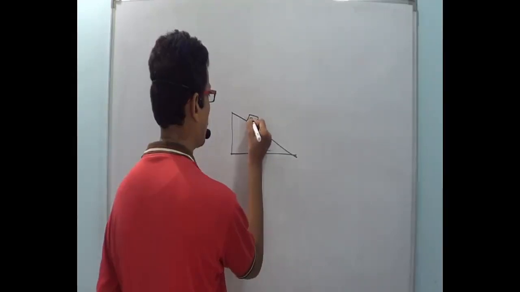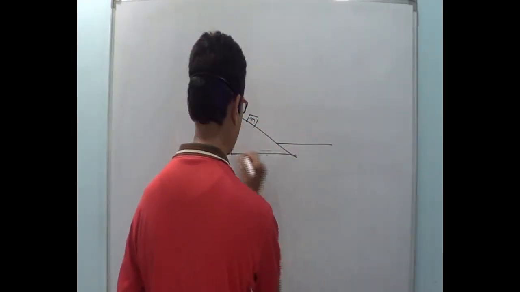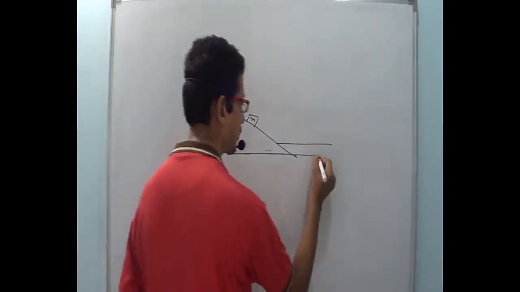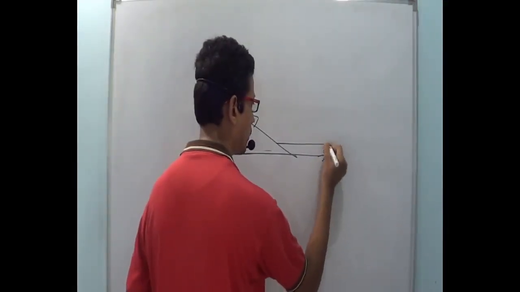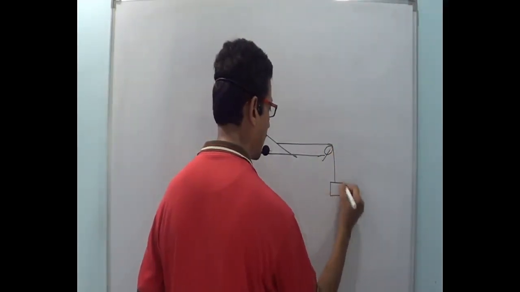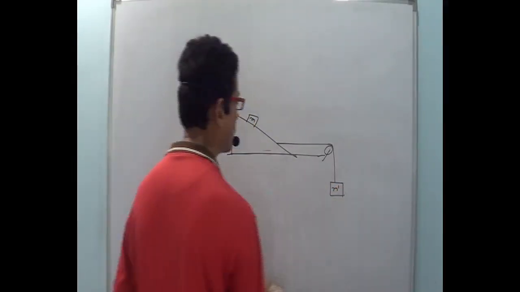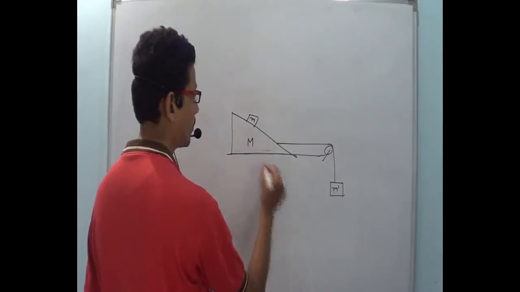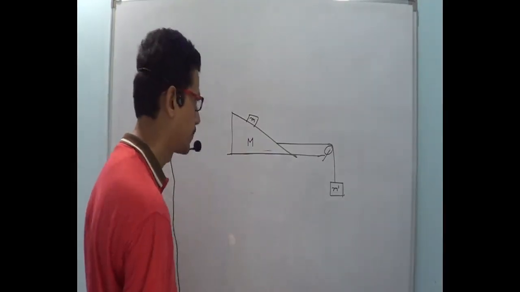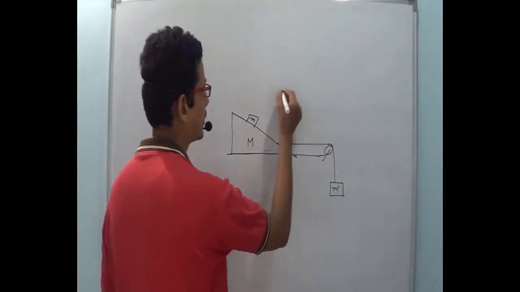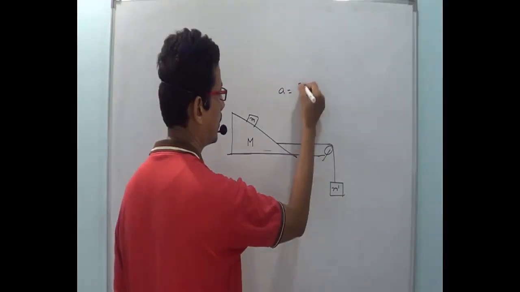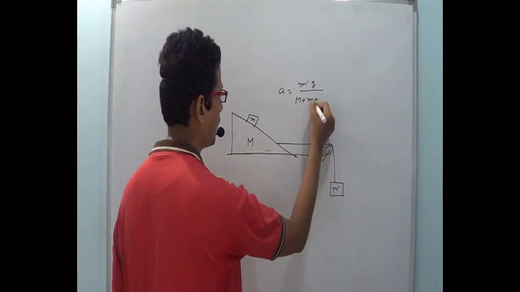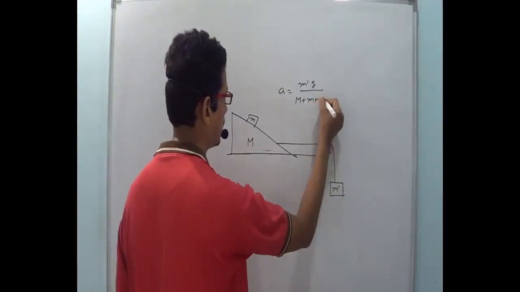There is a block of mass m here, and this wedge is moving on a smooth surface, and here there is a pulley, and mass m dash is hanging. What should be the mass m dash so that the block remains stationary? So what is the acceleration of the system? m dash g divided by total mass. Total mass is m plus m dash.